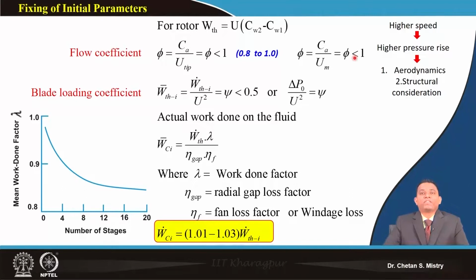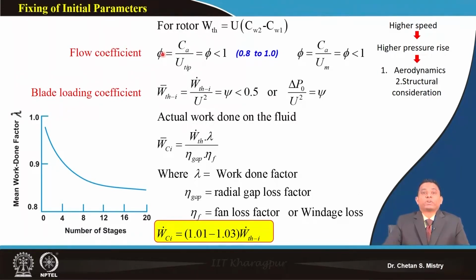Conventionally, in our initial design we assume this at the tip in the range of 0.8 to 1. For the mean station, some important designs select 0.5 or 0.55, based on mean peripheral speed.